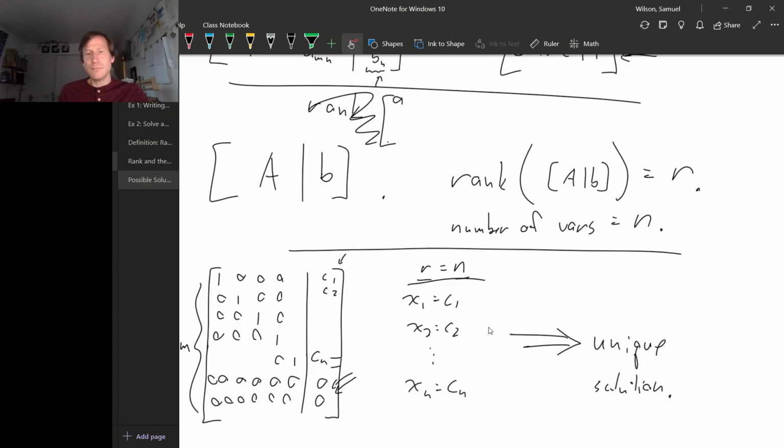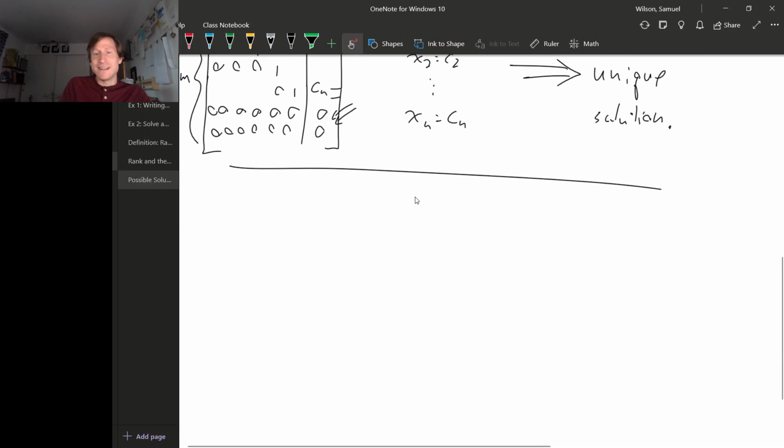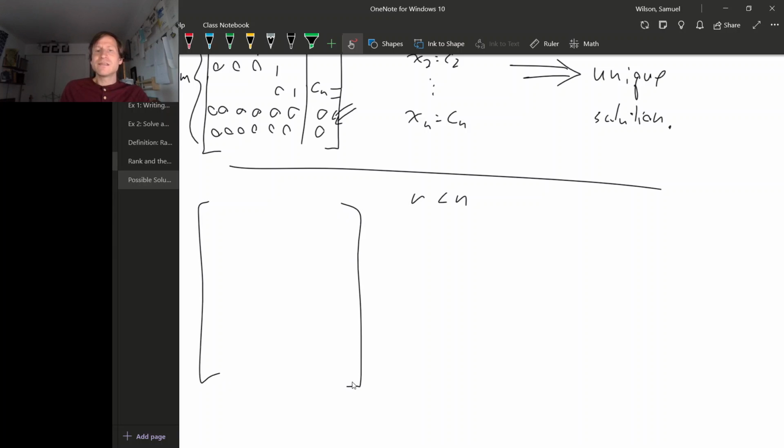All right. Maybe one more case to look at is when the rank is less than the number of columns. So if the rank is less than the number of columns, you might have some columns with leading 1s, and we're going to have some augmented stuff. As before, everything below the nth row in the augmented column has to be all zeros. If your rank is less than n, there must be at least one column without a leading 1 in it.